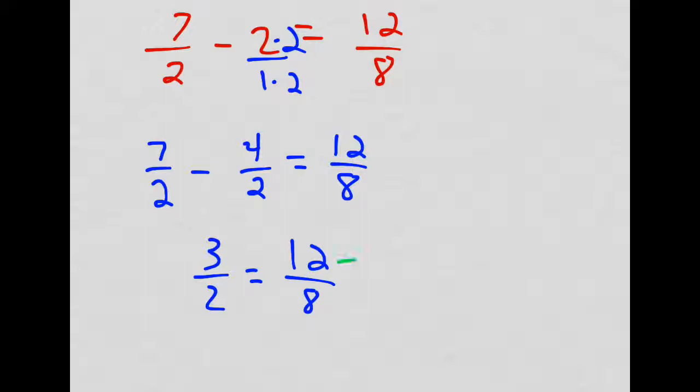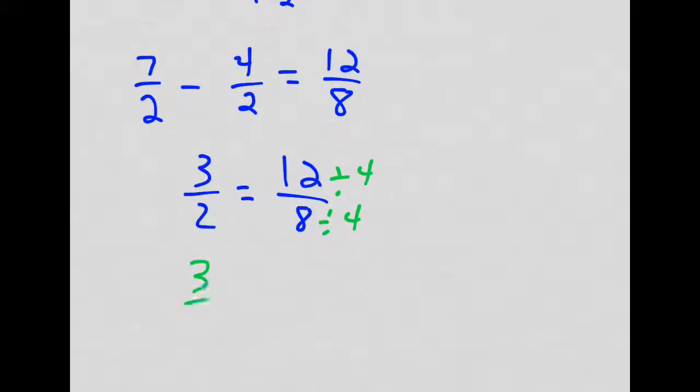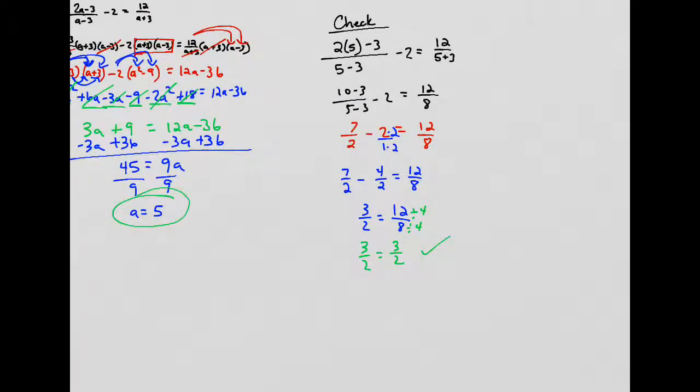Simplify. I can divide 12 by 4. I can divide 8 by 4. So that's 3 over 2 is equal to 3 over 2. So it works. So a is equal to 5. So what are my extraneous solutions? None.